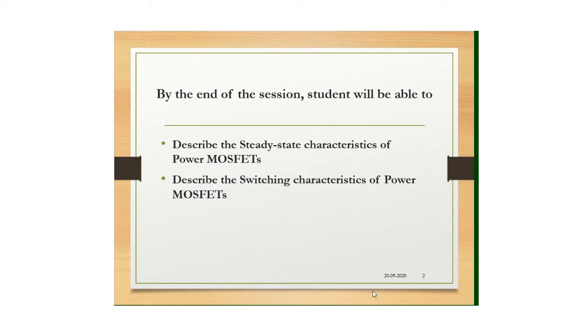Because of the inversion process, a channel is formed between drain and source, and the current would flow from source to drain, right? So we observed the working there in the previous class.